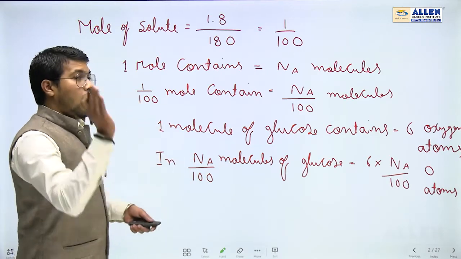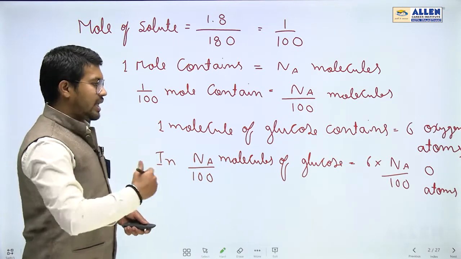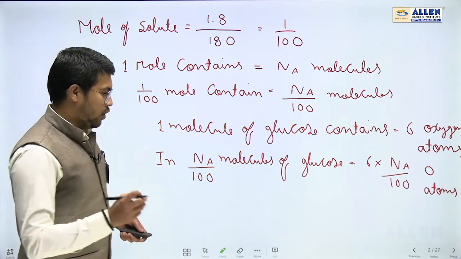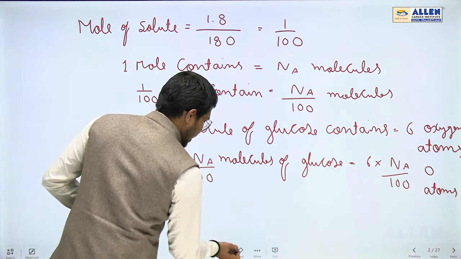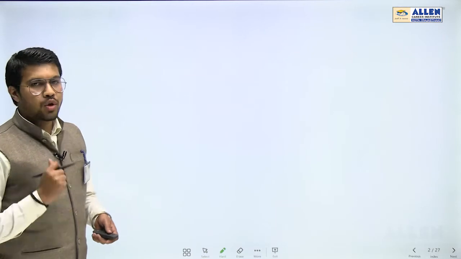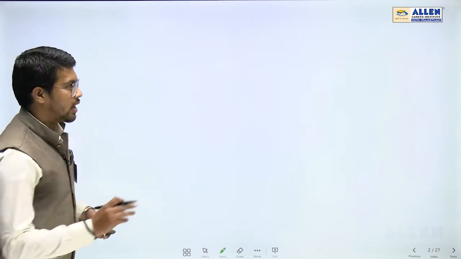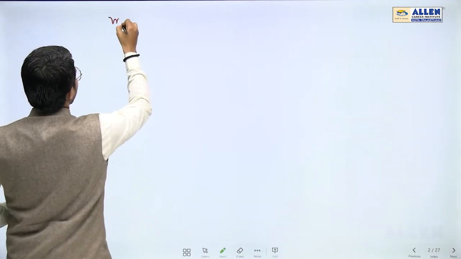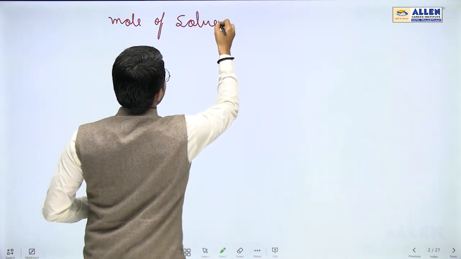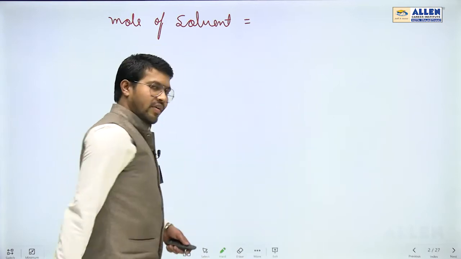Now we'll find out the number of oxygen atoms present in the solvent also. So let's solve that part. We'll find the moles in the case of solvent. Mole of solvent equals given mass upon molecular mass.